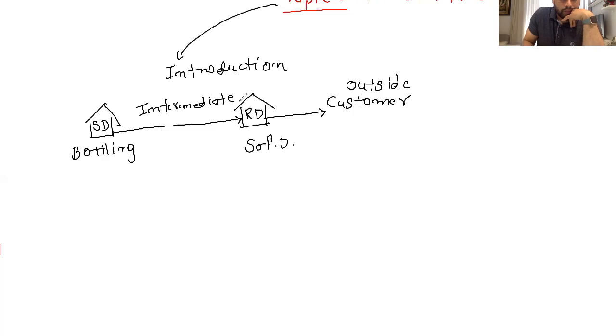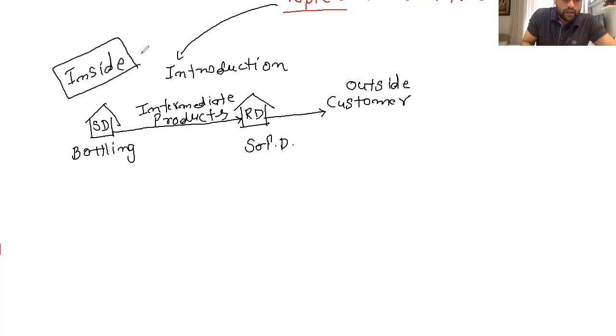In simple words, it is unfinished goods, because the customer is looking for a complete cold drink bottle, not just a bottle. That is finished goods. So remember, the activity between these two divisions is internal, inside the company.